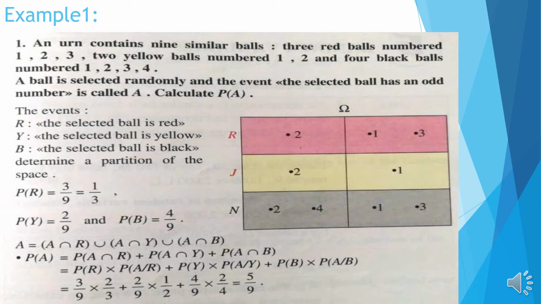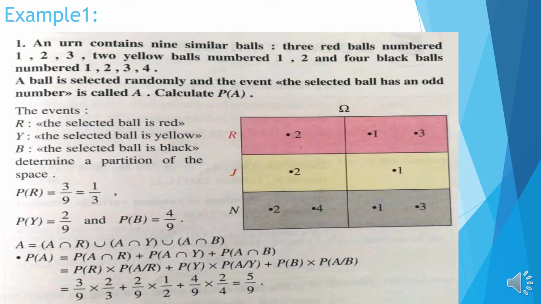So there is an intersection between A and R. The odd may be yellow carrying 1. The odd may be black carrying 1 or 3. So we have A intersection R, union A intersection Y, union A intersection B.